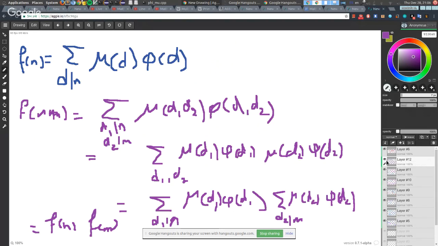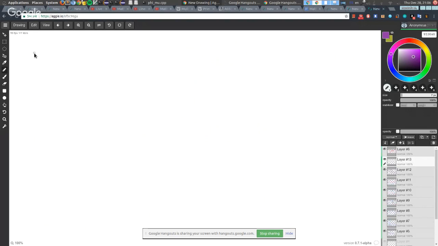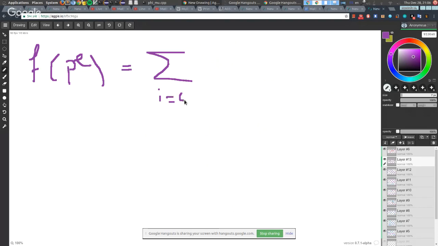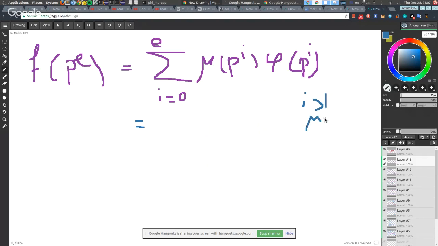Okay, so now we compute f of p to the power e for some e. So this is the summation over all the divisors of p to the power of e, going from i equals 0 until e, of mu of p to the power of i times phi of p to the power of i. Here we can see that it is enough to go only until i equals 1, because for all the other terms, if i is greater than 1, then mu of p to the power of i is equal to 0.